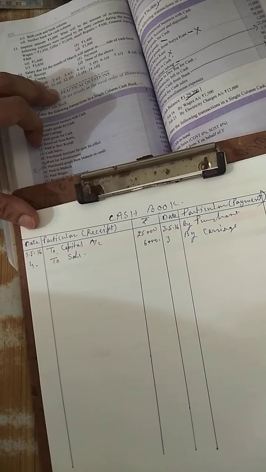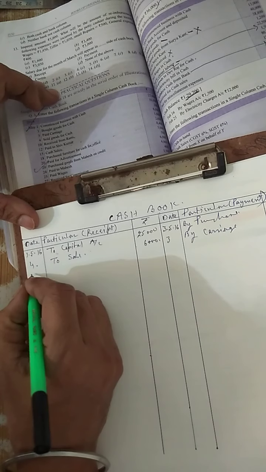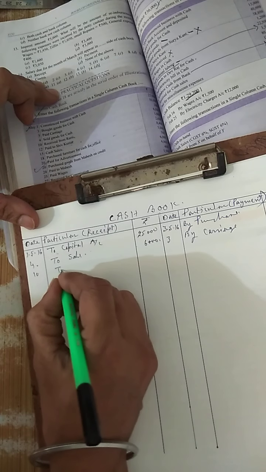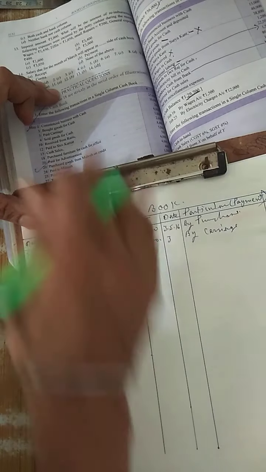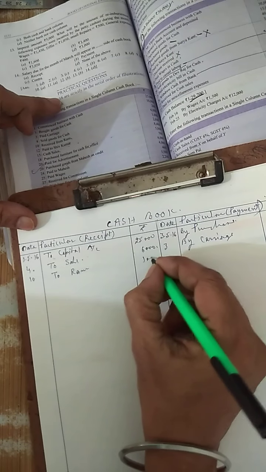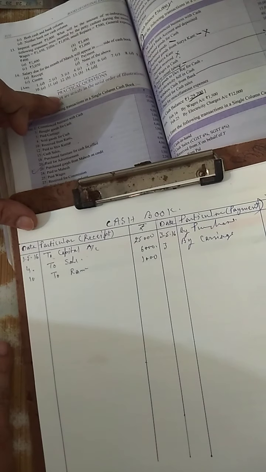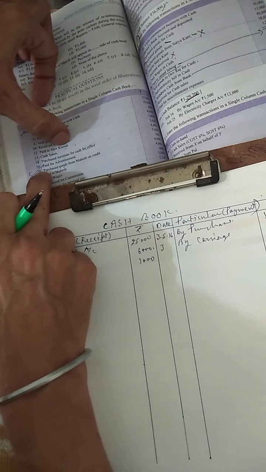Then on 10th May, received from Ram. Received. It is the transaction of receipt. Date 10th, to Ram, and the amount is 1,000. Next transaction, 12th date, paid to Shiv Kumar.